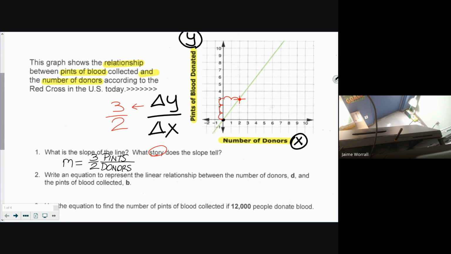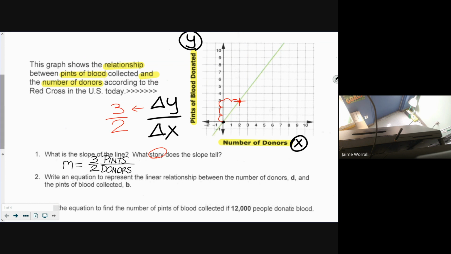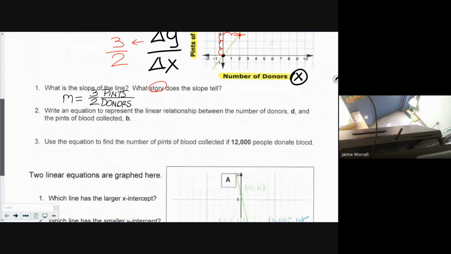For Best giving you easier questions to answer in algebra, Best is making you do more tedious work, like making a T-bar that's 2 feet long. Can you write the equation? What would you write? Y equals 3 over 2x, because the y-intercept is 0, so you don't put that. Great, but here's the deal.